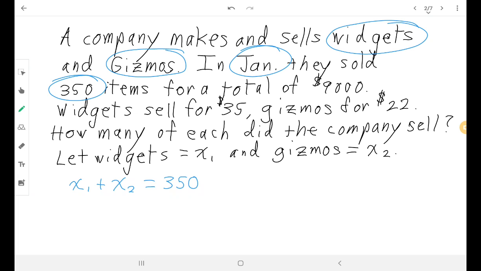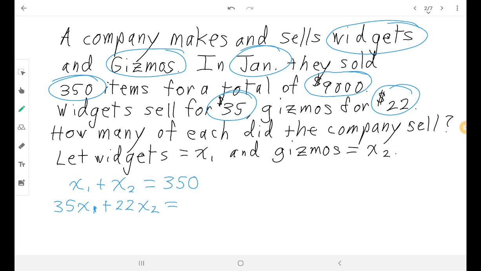So then it tells us how much we sell each one for and the total amount of money that we got from selling them. So each widget is $35, so we'd take $35 times the amount of widgets, plus each gizmo is $22, so 22 times the amount of gizmos.